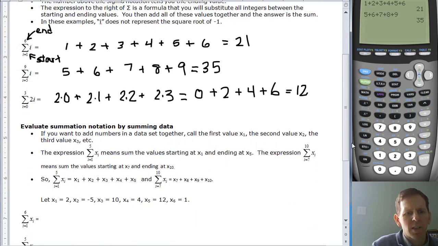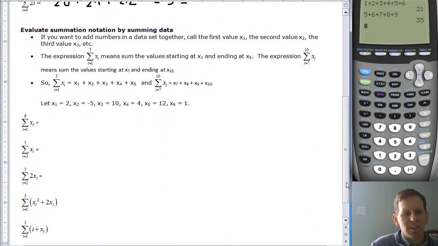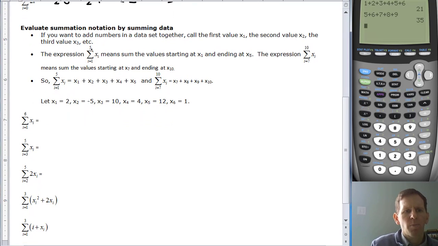There's another similar type of process which involves adding numbers in a data set together. So if you want to add numbers in a data set together, we're going to call the first value in the data set x sub 1, like x subscript 1. The second value in the data set we'll call x sub 2.